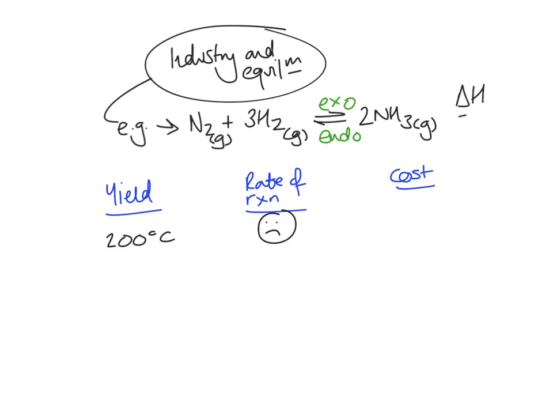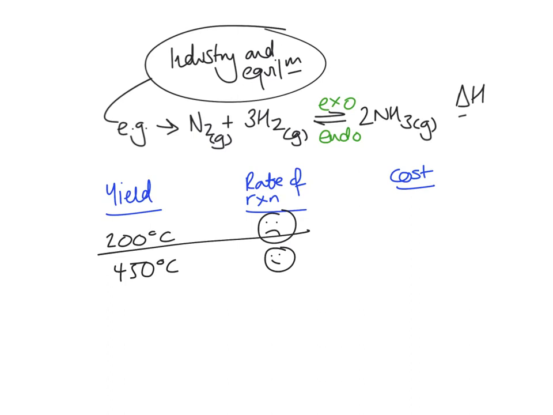So the compromise here is to actually increase the temperature enough so the rate of reaction is high, but not to damage the yield too much. And so the compromise made, okay, is 450 degrees Celsius, because you get a better rate of reaction there and the yield doesn't suffer too much.